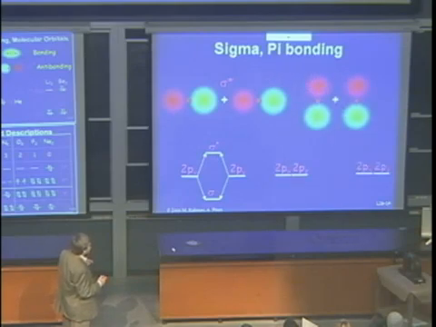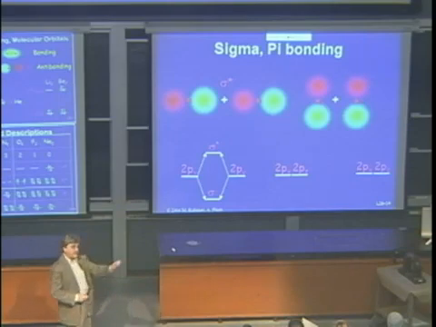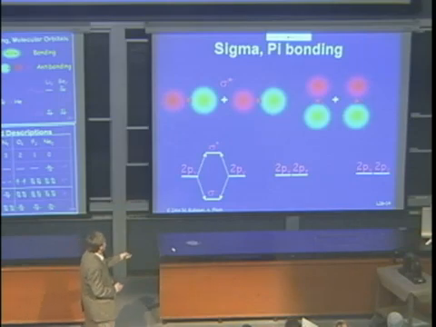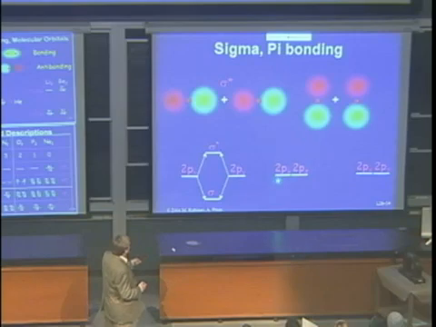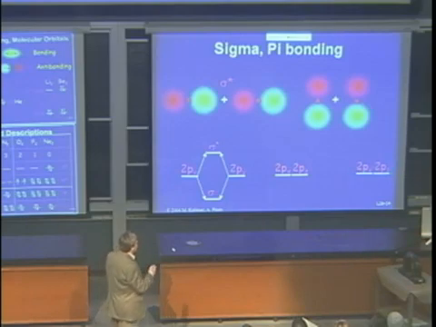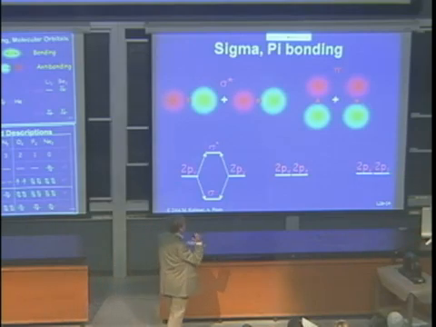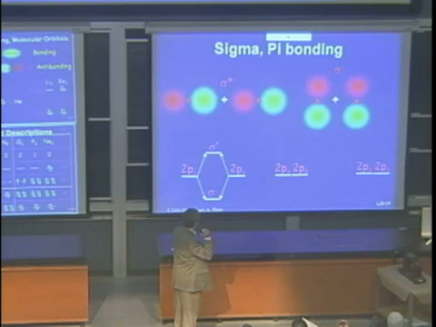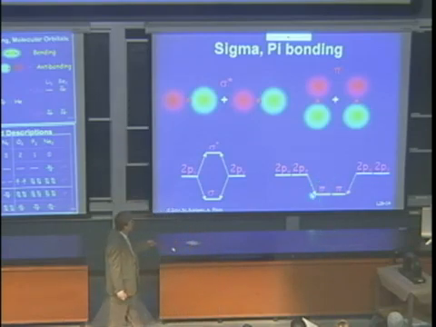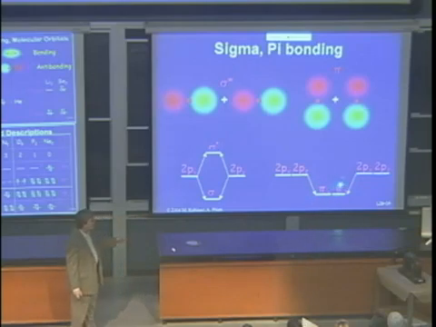Now if we have the px or the pz, so the px comes out like this here, out of that frame, out of the screen. So you have 2 px's in each atomic orbital. There you go. So now you have the bonding pi x and the bonding pi z.